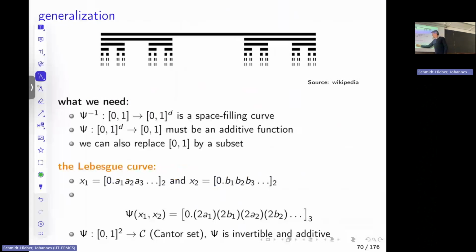And then we think about the number that occurs by putting them next to each other as in the triadic expansion. That gives us an element in the Cantor set, because the Cantor set is exactly the set of all numbers that you can write with the triadic expansion, only taking the digits 0 and 2 and not 1. So we have now defined a map to the Cantor set that exactly aligns with these jumps.